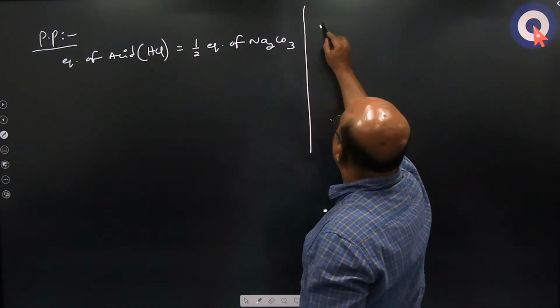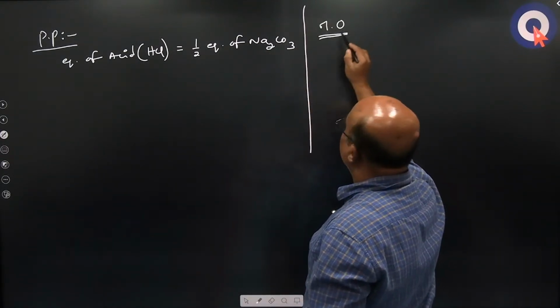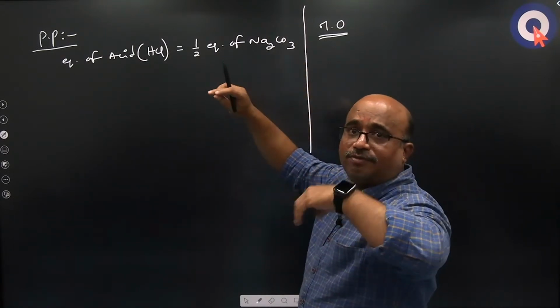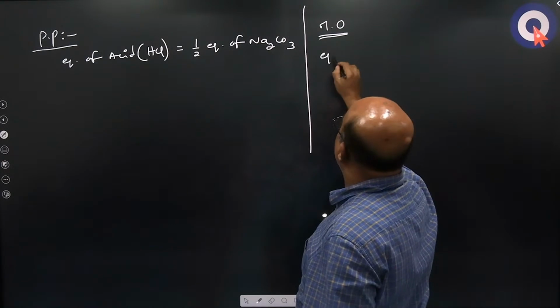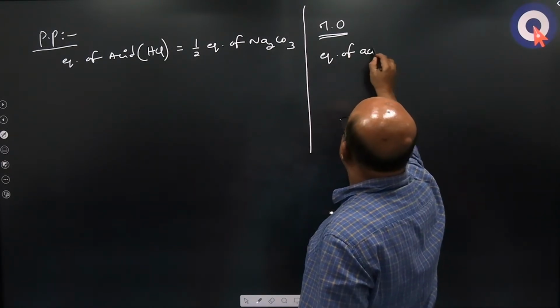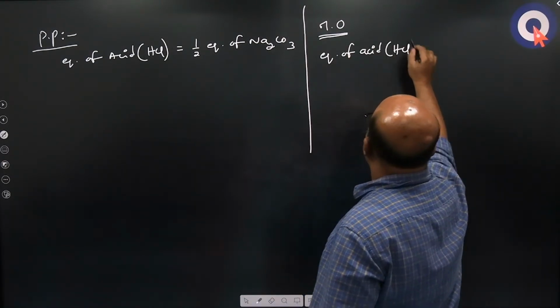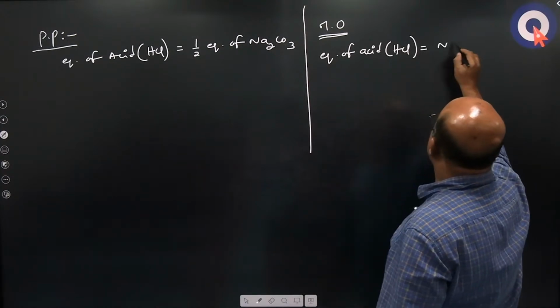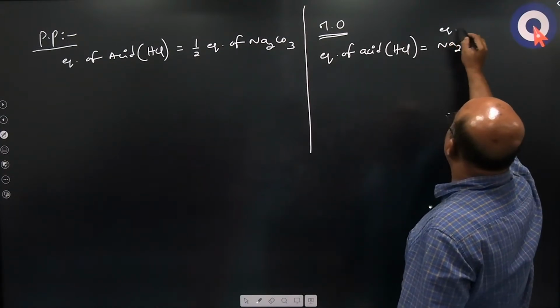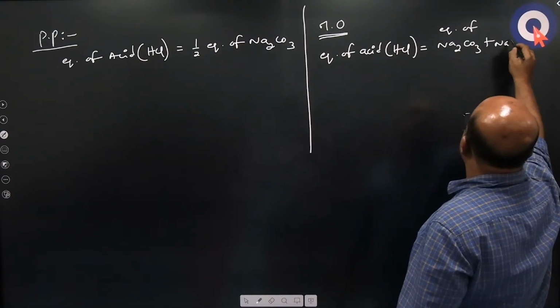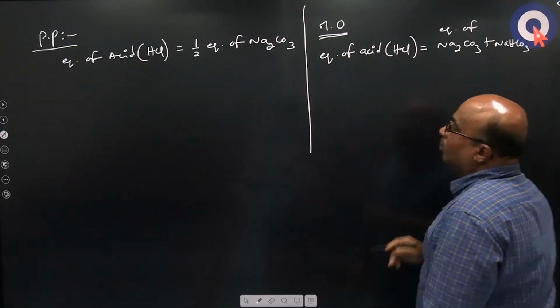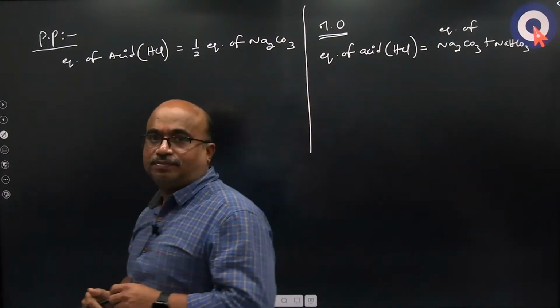He took the methyl orange separately, with the same volume of mixture. So the number of equivalents of acid HCl now should be equal to the equivalents of Na2CO3 plus NaHCO3. Both will be neutralized at this stage.